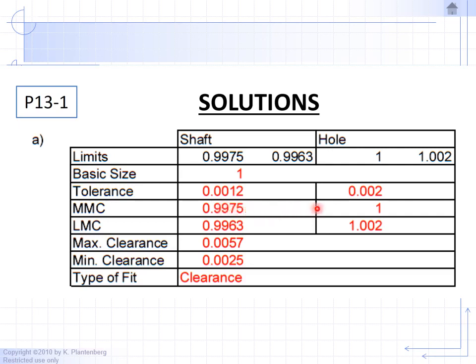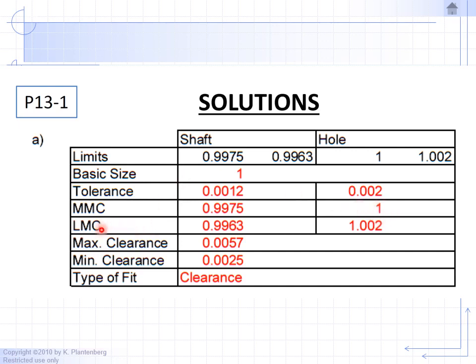Now, the heaviest block will have the smallest hole. The smallest hole allowed is 1 inch. The largest is 1.002. The smaller hole removes less material. When we drill a 1-inch diameter hole in the block, that gives us the heaviest block.